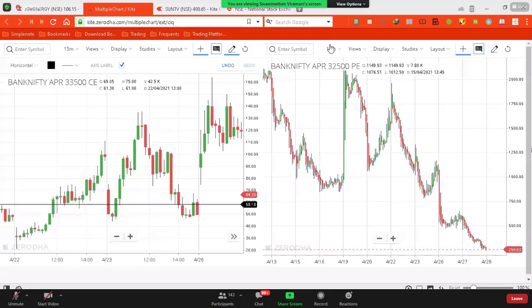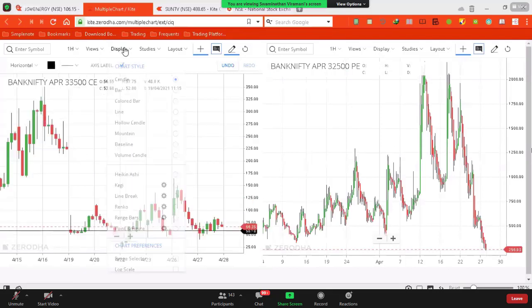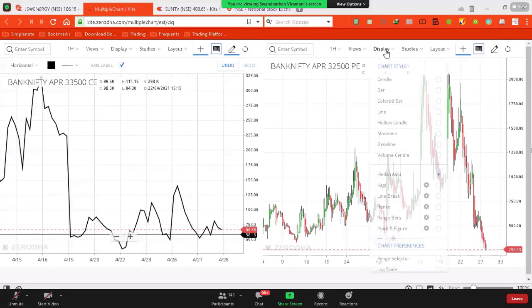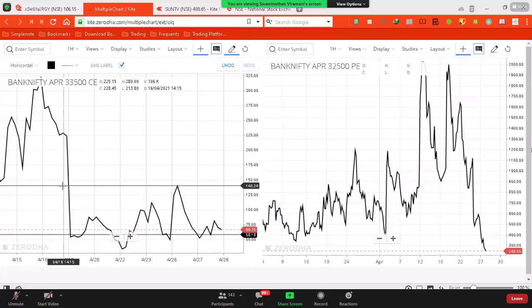Step 1, go to a 1 hour chart. Step 2, go to line charts. In a line chart, wherever there's a sharp turn, that is a significant point of price movement, right?